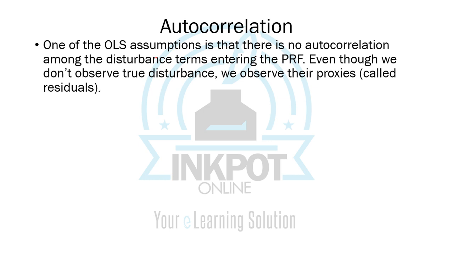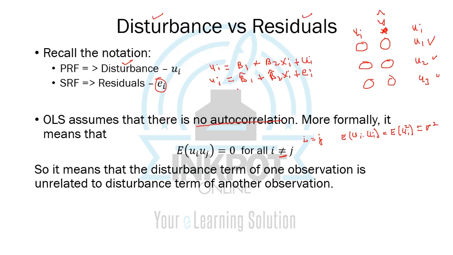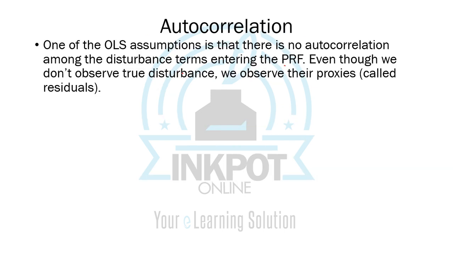As I said before, one of the assumptions is that there is no autocorrelation among the disturbance terms entering the PRF. This ui represents the disturbance term in the population regression function. But we never observe the PRF, we rather estimate its parameters.